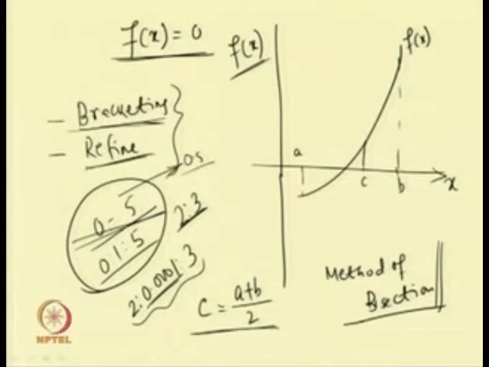Then we will take the point between A and C. The next point, C dash, will be equal to A plus C by 2. Let me call this point D instead of C dash.